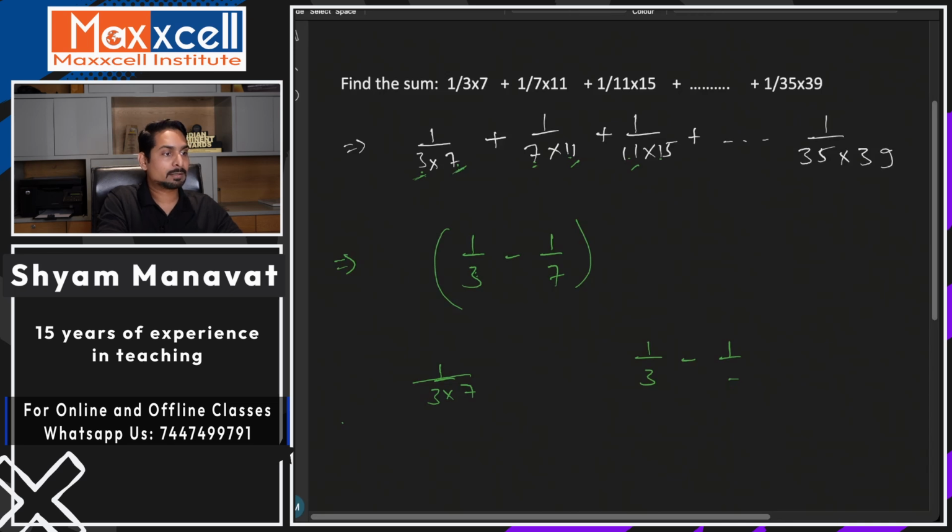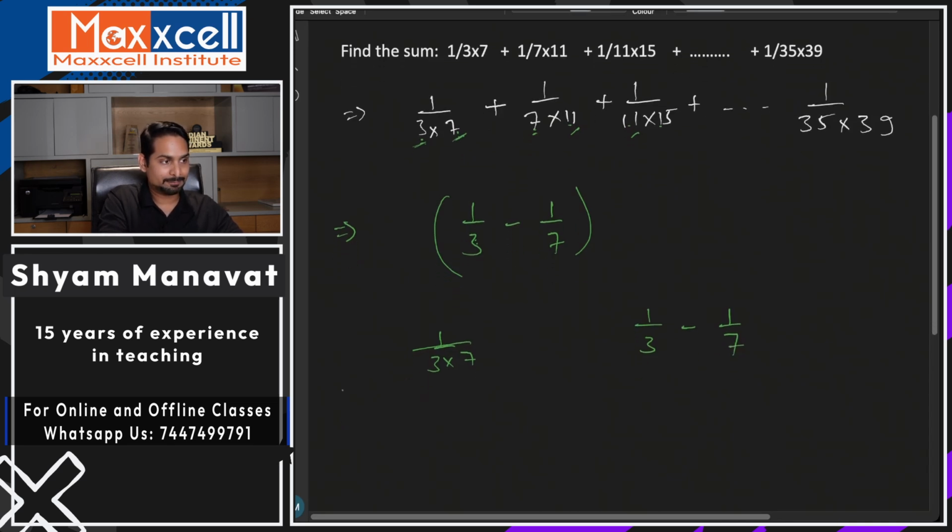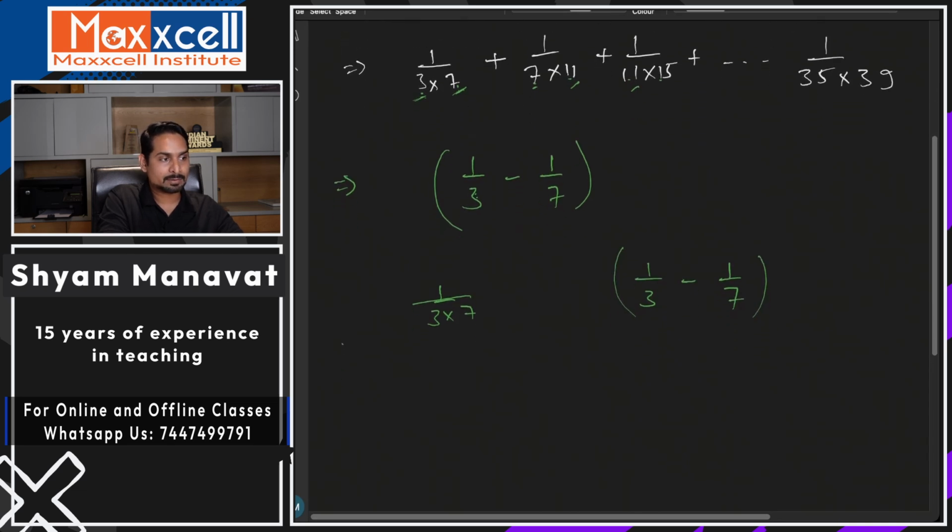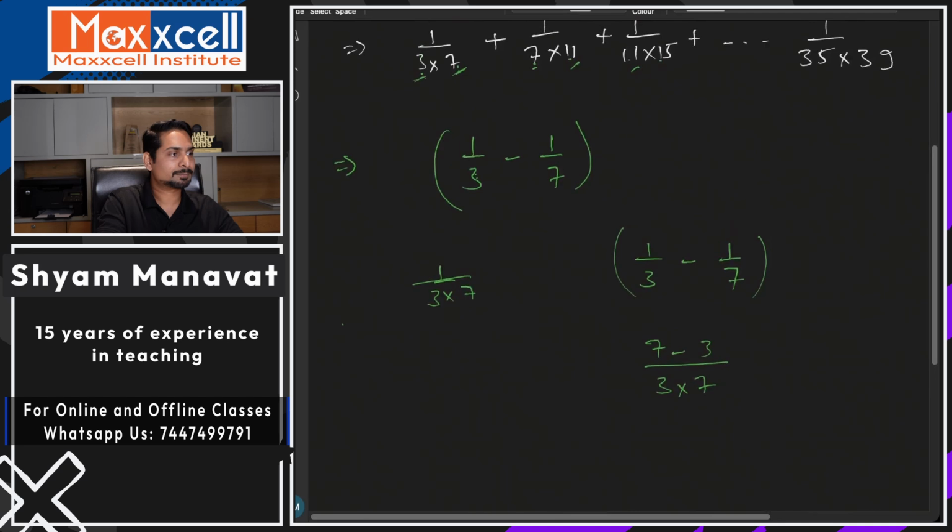But if you understand, they are not equal. If you simplify this part, you will get 7 minus 3 upon 3 into 7, right? So you get what?